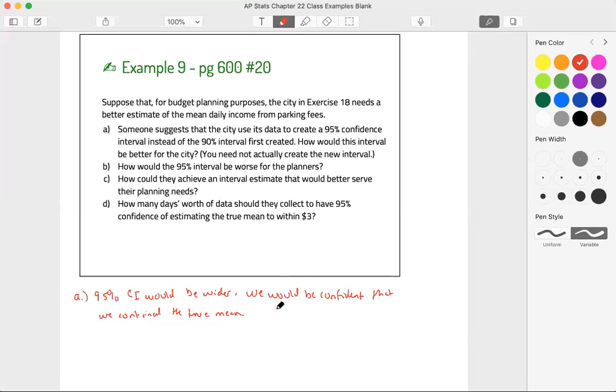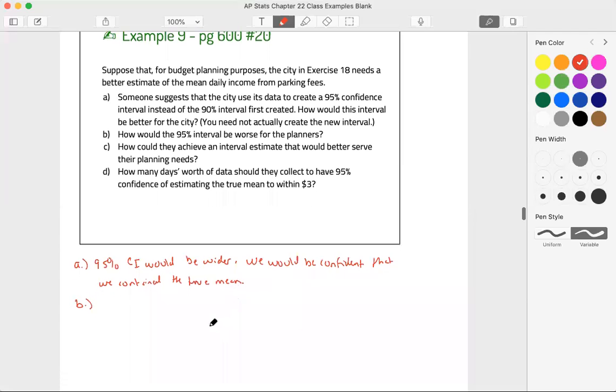This would be better for the city because we would be more likely to contain the true value of the mean.